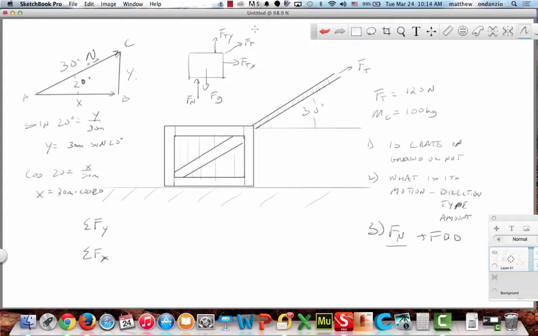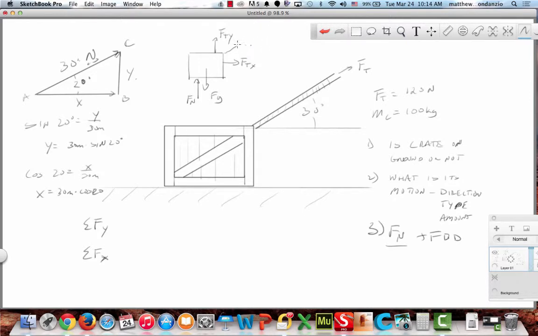You can't have both. If I've split Ft into its component vectors, I can't leave Ft up there. I've got to get rid of it. Otherwise, you have two Ft's. Does everyone see that? This is a really critical part, because when I ask you to do this on an exam, you need to make sure you don't do this. This is incorrect. So which one would you want? Which one can you work with?